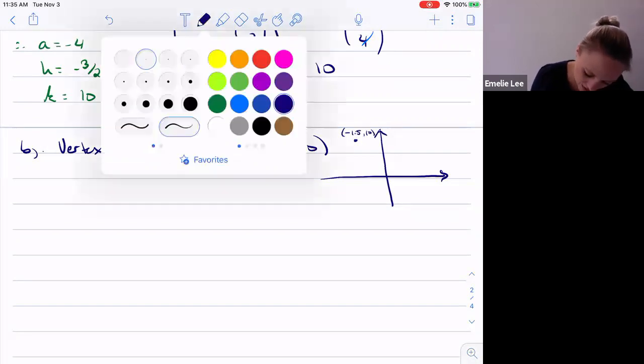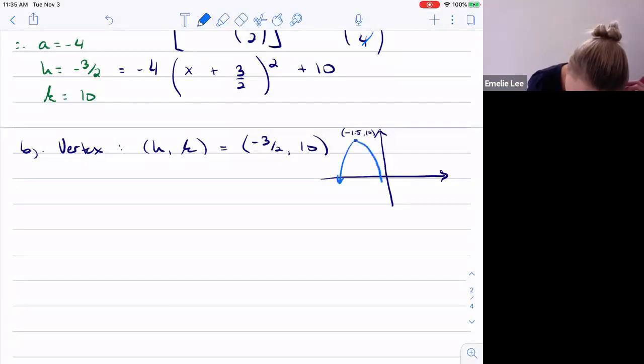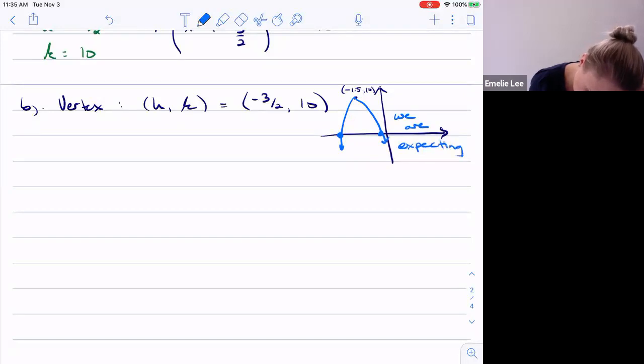So I'm expecting, because I know my a is negative, that it's pointing down just like we said. So we expect to see here. We are expecting to find x-intercepts.